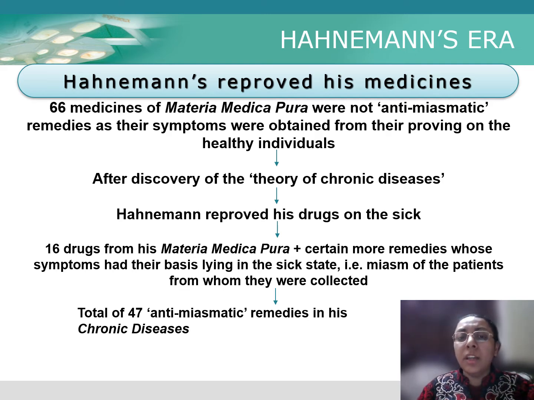But after he discovered the theory of chronic diseases, he reproved his drugs on the sick, and after that 16 drugs from his Materia Medica Pura and certain more remedies whose symptoms had their basis lying in the sick state, that is the miasm of the patients from whom they were collected. In all, he gave 47 anti-miasmatic remedies in his chronic diseases.